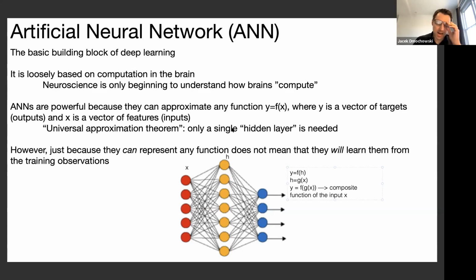However, what has been discovered empirically is that just because you can represent any mathematical function with a single layer, doesn't mean that you can learn it efficiently from a training set. And so it is generally not a good idea to put all your learning into a single layer. The explanation for that is mathematical.